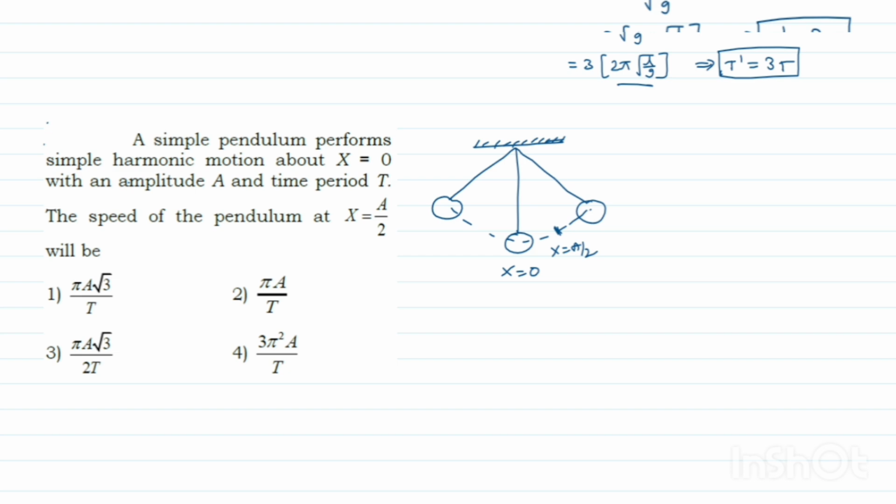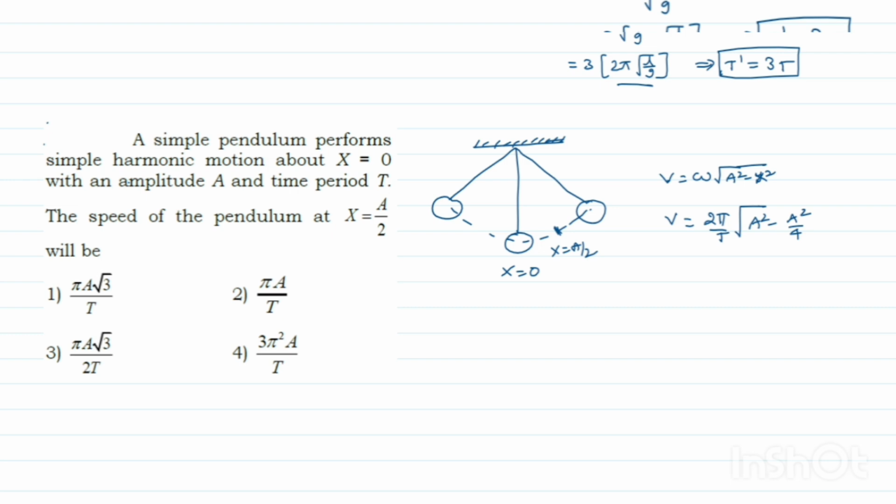The speed of the pendulum at a given position is v equal to omega into square root of a square minus x square. Omega is nothing but 2 pi by T, into a square minus x square, which is a square by 4.